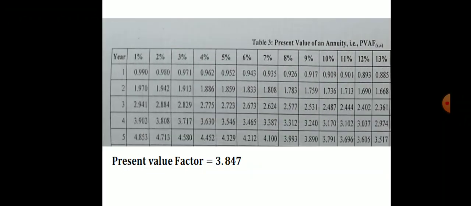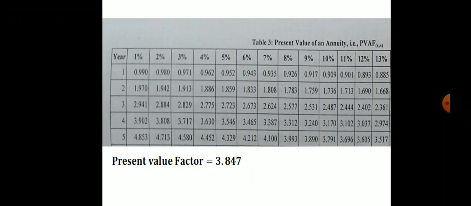They have given us the present value factor, 3.847. The life of the machinery is 5 years, so in the present value of annuity table we have to find it only in the 5th year. We have to calculate which range it falls in. The present value factor is 3.847.